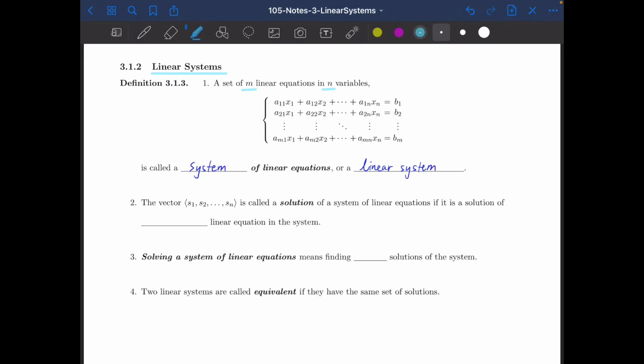The vector s1, s2, up to sn is called a solution of a system of linear equations if it is a solution of every linear equation in the system. Solving a system of linear equations means finding all solutions of the system, and two linear systems are called equivalent if they have the same set of solutions.